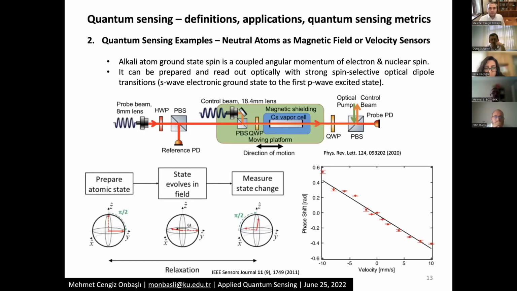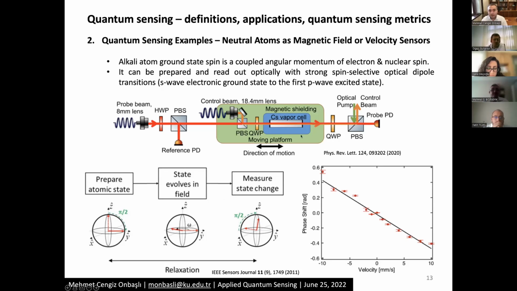So these neutral atoms are actually serving as magnetic field or velocity sensors. And we are using alkali ground state spins for our coupled angular momentum and electron nuclear spin characteristics. So we prepare our state by having an external optical pump, and we essentially read out again using an optical probe.